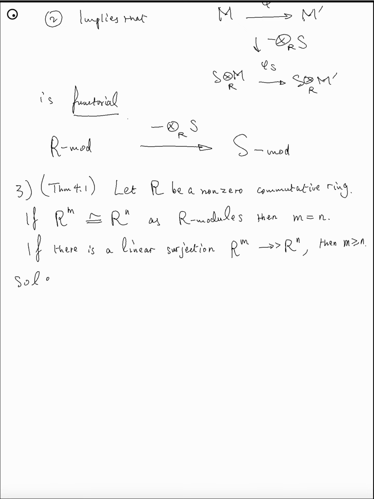Solution. Let m be a maximal ideal of R. This always exists by Zorn's lemma.